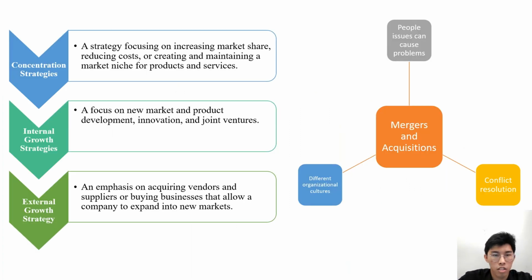This is a strategy focusing on training and marketing, the mechanism of product and service. Internal growth strategy is focused on new market and product development, innovation, and joint research.